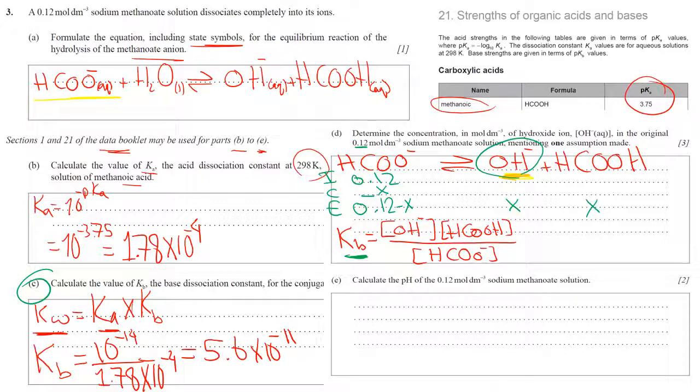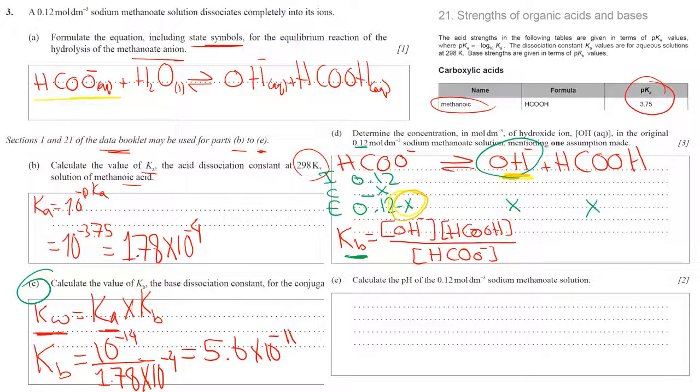Our assumption here: do you remember in the second or third slide, we mentioned that when the weak acid or the weak base dissociates, the change is negligible. For that reason, we can assume that this X is negligible.